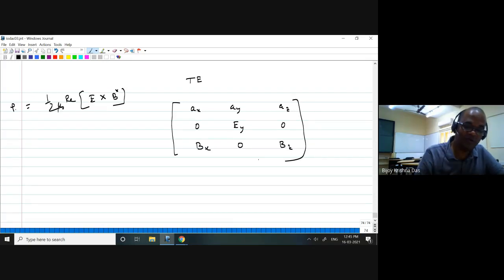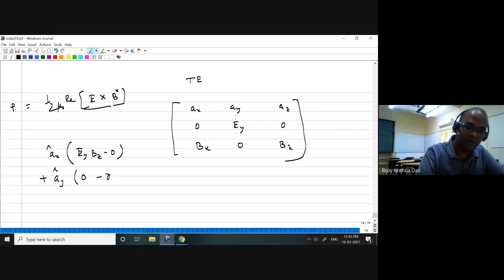Let us try to see what E cross B means here. So I have the AX component, that will be actually EY BZ minus 0. That is the X component. And what about the Y component? Y component is 0 minus 0.